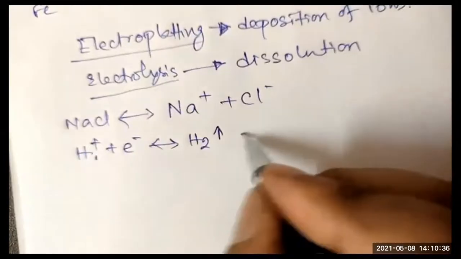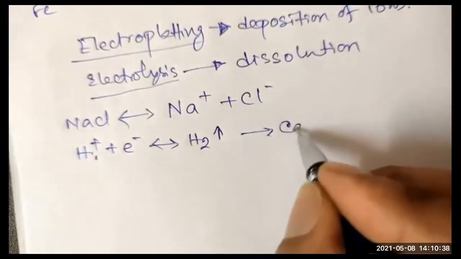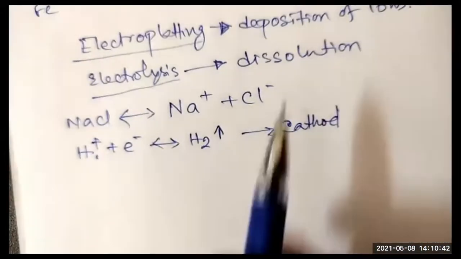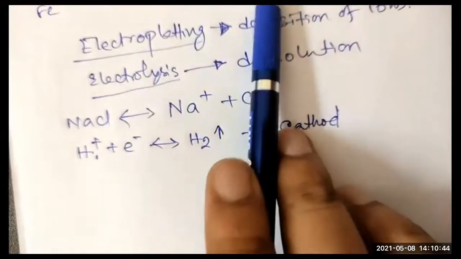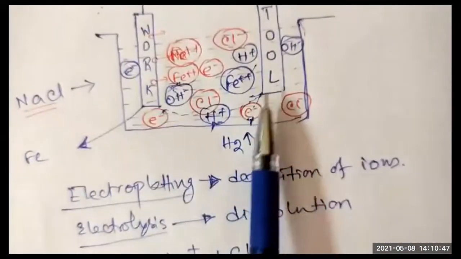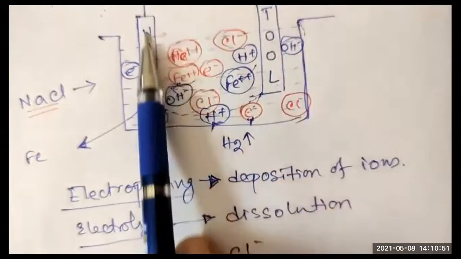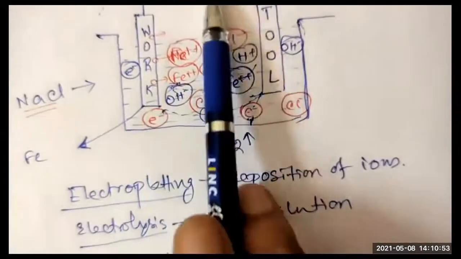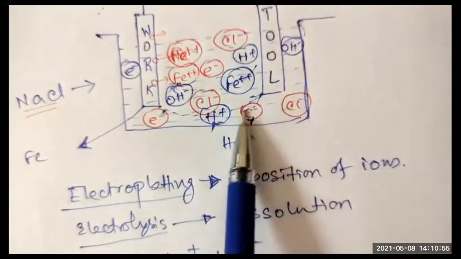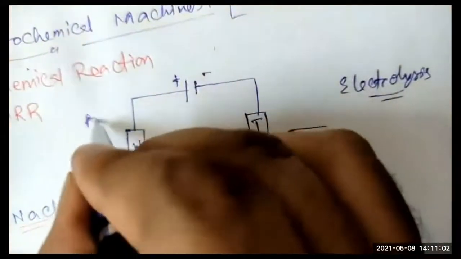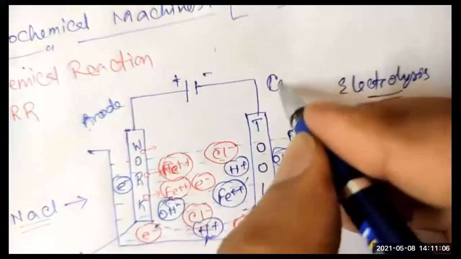And where will it happen? It will happen in the cathode, because from the cathode only electrons will come out. As current flows in this direction, the electrons flow in the opposite direction. So the workpiece is the anode, and the tool is the cathode.